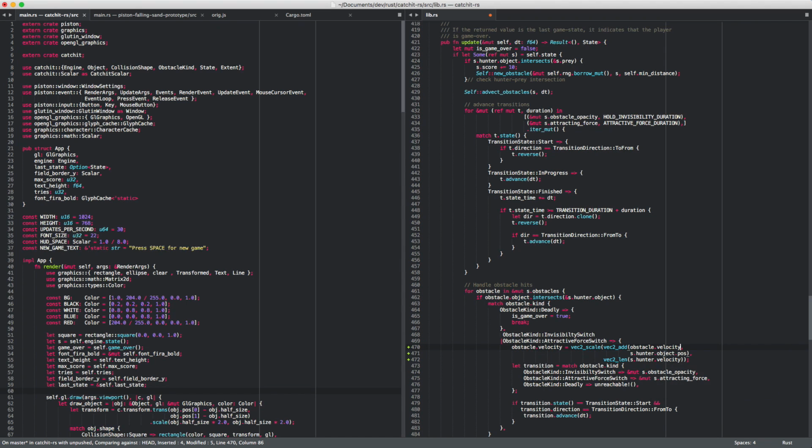So your velocity plus my velocity, and then you scale it by half, by 0.5, like this. Yeah, so that should probably be more like it.